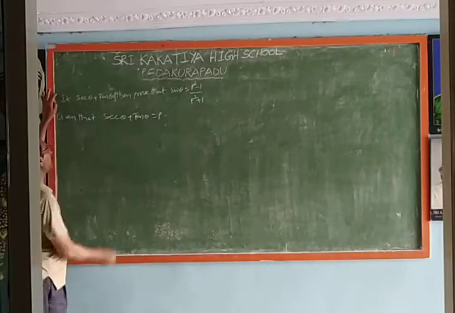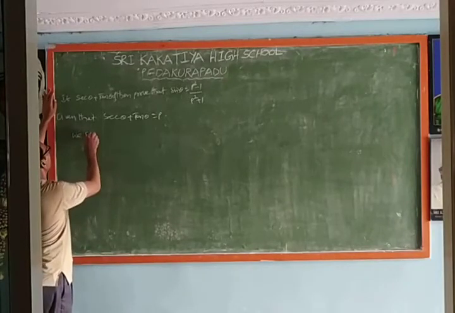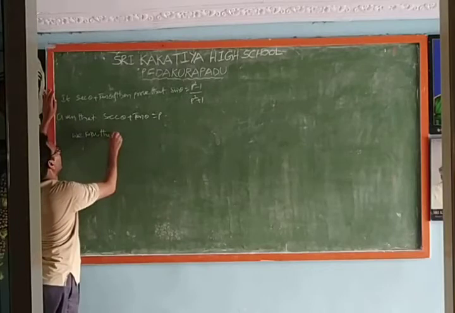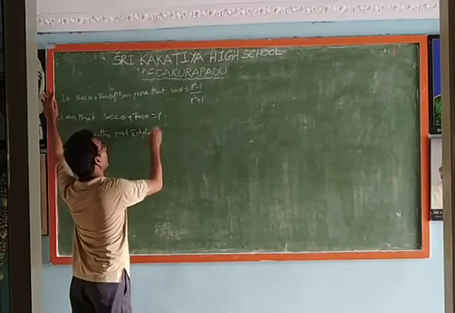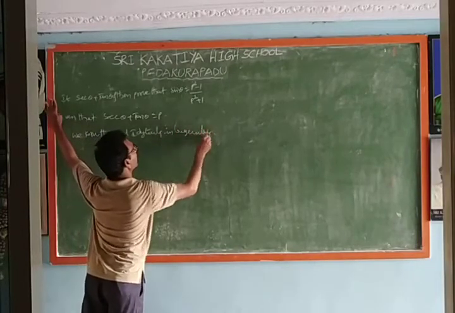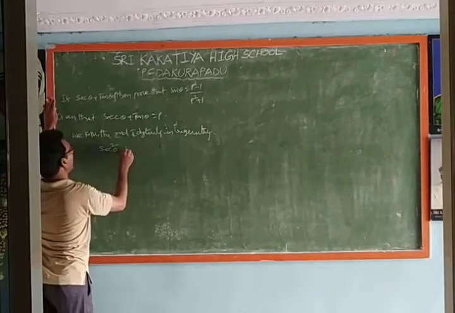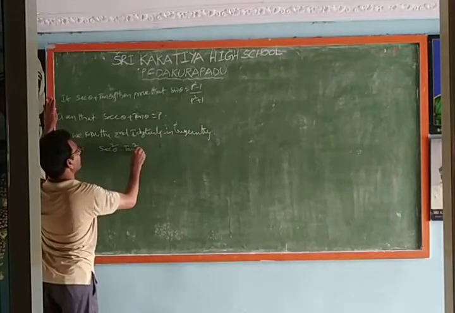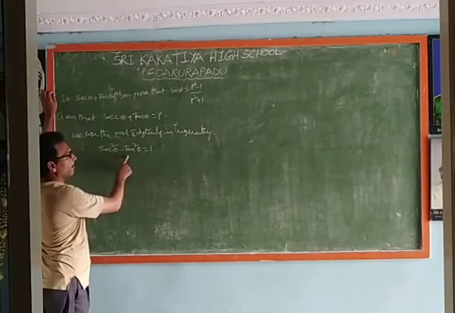We know the second identity in trigonometry: secant square theta minus tan square theta is equal to 1. This is in the form of a square minus b square.